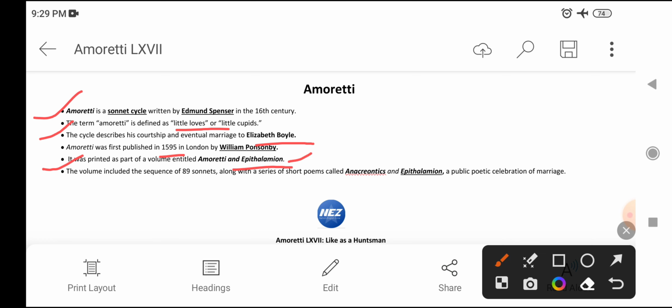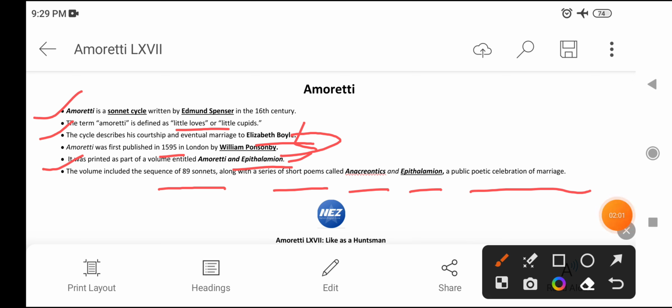Epithalamion is a marriage song, a wedding song in the form of an ode, written in 365 lines divided into 24 sections, and it is also dedicated to his wife Elizabeth Boyle. The sequence of Amoretti has 89 sonnets, and there are smaller poems too, known as Anacreontics. Epithalamion is a public poetic celebration of the poet's marriage with his beloved, then wife, Elizabeth Boyle.